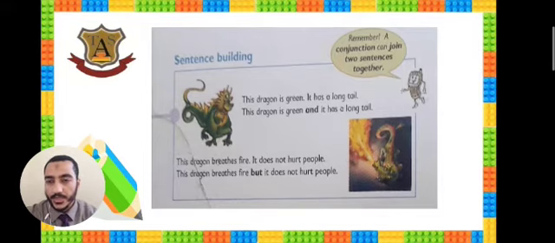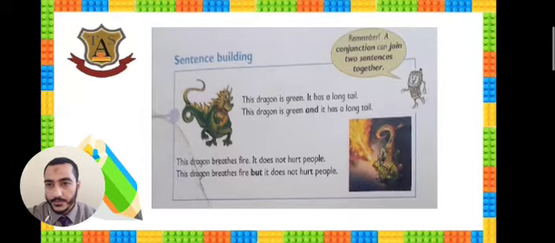This dragon is green and it has a long tail. So if we have two sentences and we want to add information to the first sentence, join them with "and".